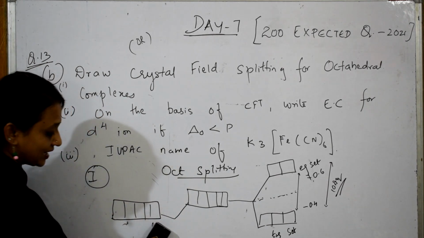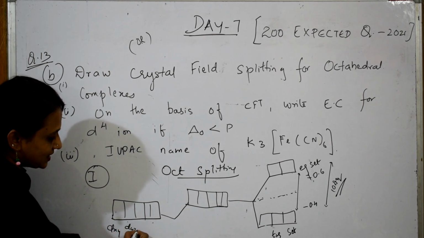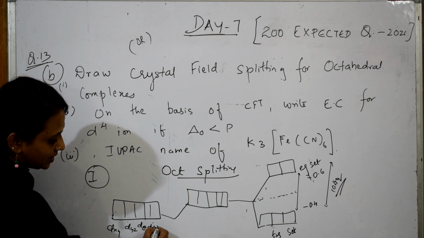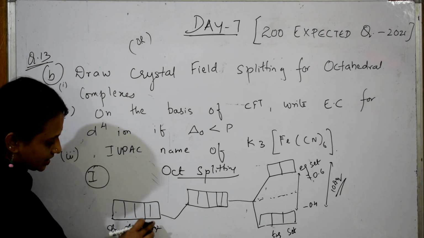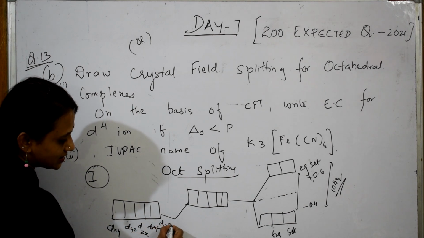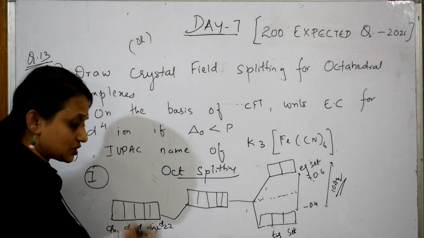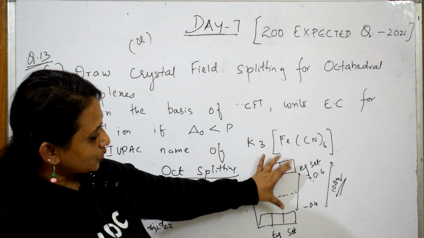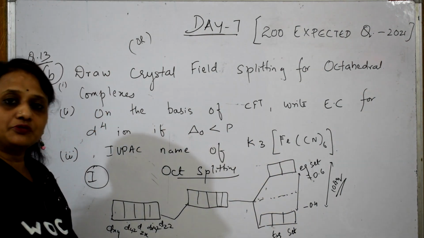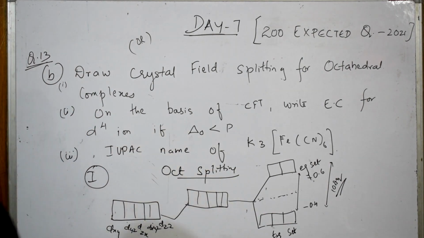If you still want to be specific, write here dxy, dyz, dzx, dx square minus y square, dz square. Write all the degenerate orbitals, show them the splitting. Easy, students? Easy? I think it's clear for you all. Right. Let me check whether it is clear or visible or not.